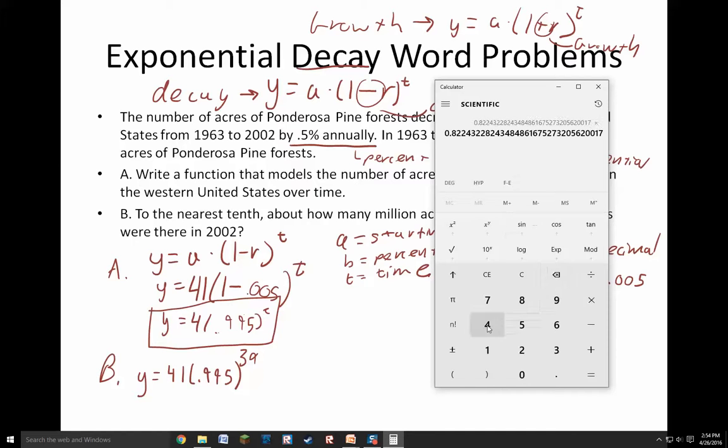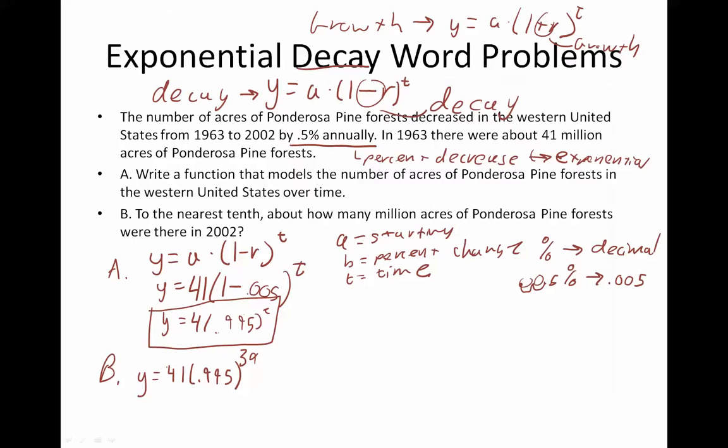And then I'm going to multiply that by 41. And I get 33.7. What did they say to the nearest tenth? 33.7. There were 33.7 million acres of ponderosa pine.